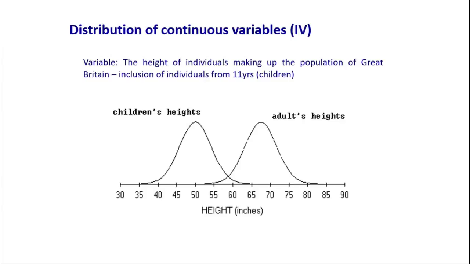So with these two distributions, it looks like the average height of children is around 50 and the average height of adults is 67.5. So it looks like there is a difference between children's heights and adults' heights. But you can get very tall children and you can get very short adults, so you have an overlapping of the two distributions.